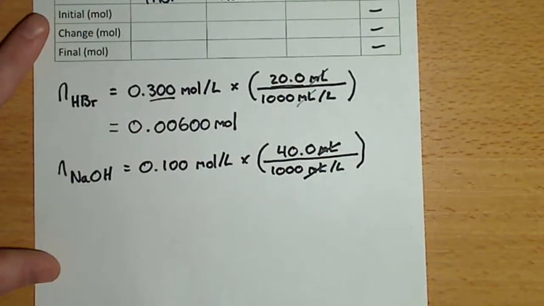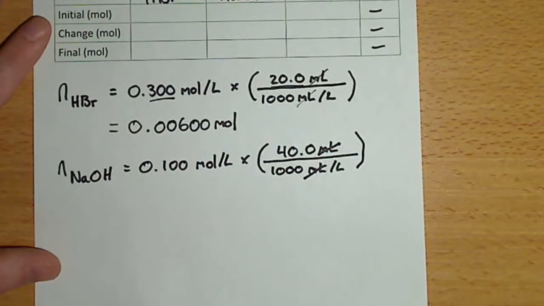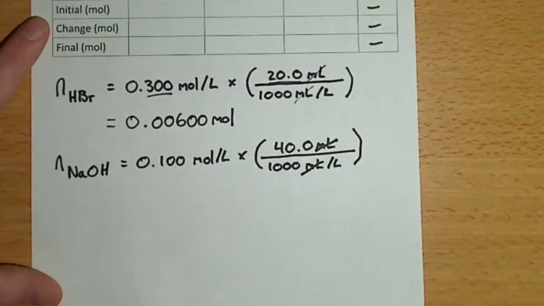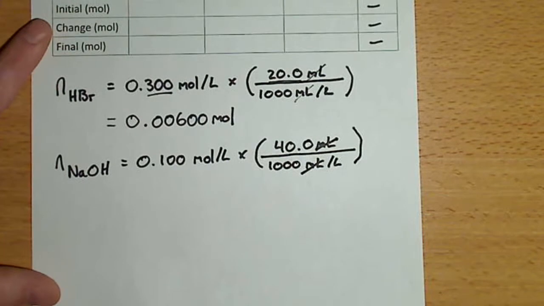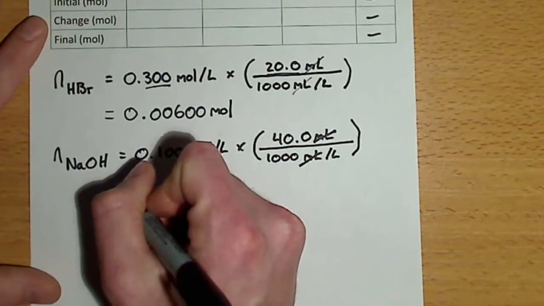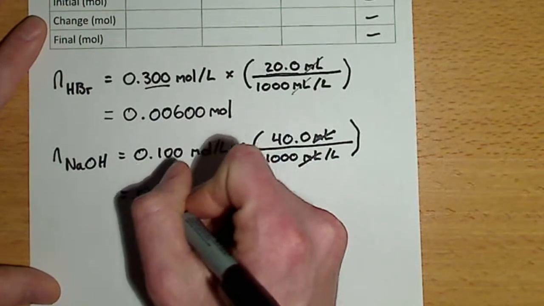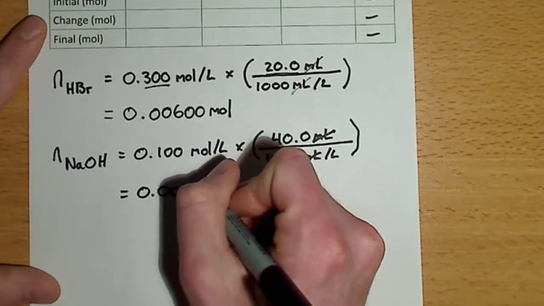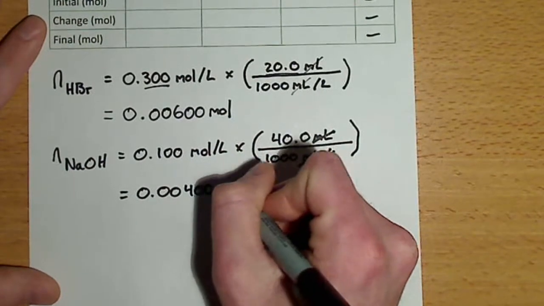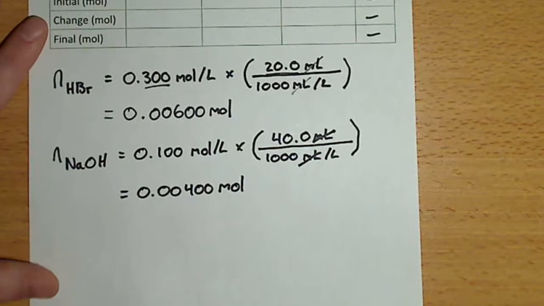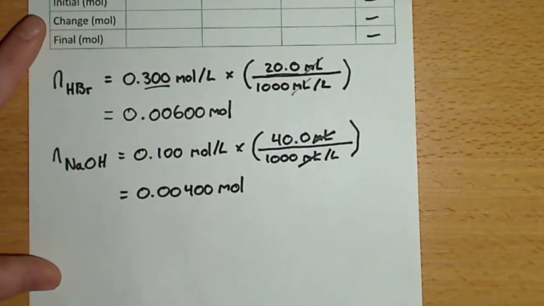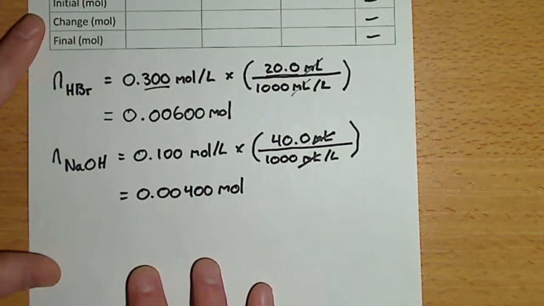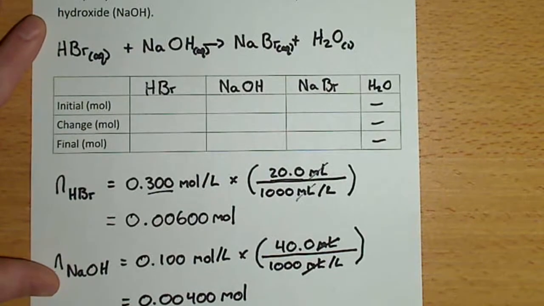So I've repeated the same steps as in the previous example of finding the moles, and I've kept 3 significant digits. When I do the math here, I get a final molar amount of 0.00400 moles. Okay, now that I know how many moles of each reactant I have, I can put that into my ICF table.